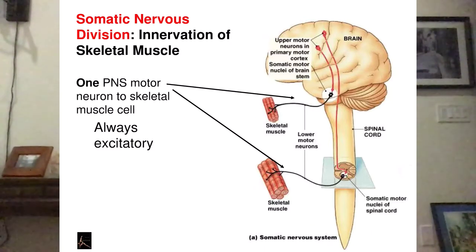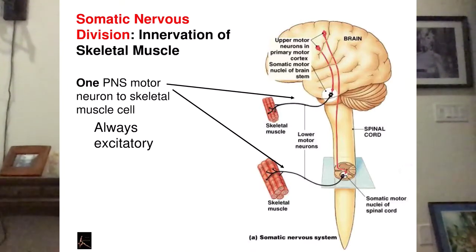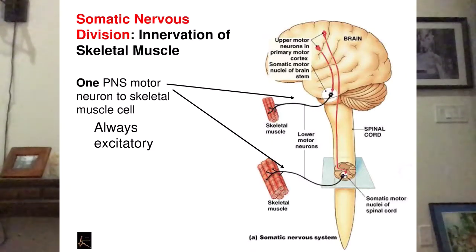What I want you to notice here is that the motor neuron originates in the central nervous system, and that first neuron stays within the central nervous system. That would be referred to as an interneuron. So there's actually only one peripheral motor neuron that goes to the skeletal muscle cell.